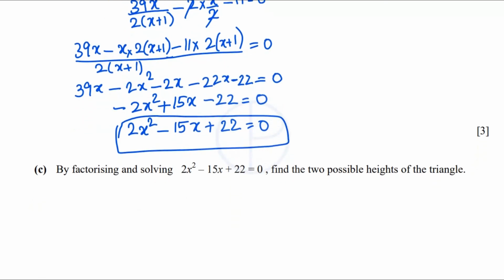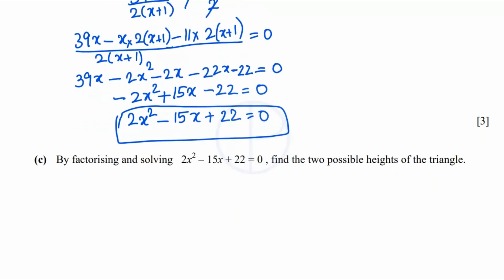The next part of the question is, by factorizing and solving 2x square minus 15x plus 22 equal to 0, find the two possible heights of the triangle. So 2x square minus 15x plus 22 equal to 0. When you multiply, you need to get 2 times 22 is 44.